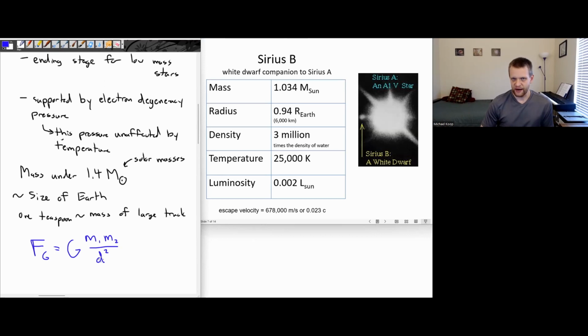What makes the gravity on the surface of these objects so strong is not that they have a particularly high mass. No, the mass is still around the mass of the sun. What makes the force of gravity so strong is that those masses are compressed into a very, very small distance. So the mass hasn't really changed.